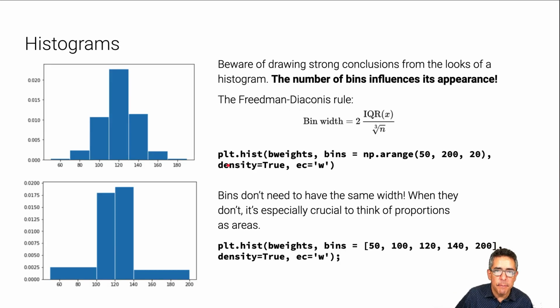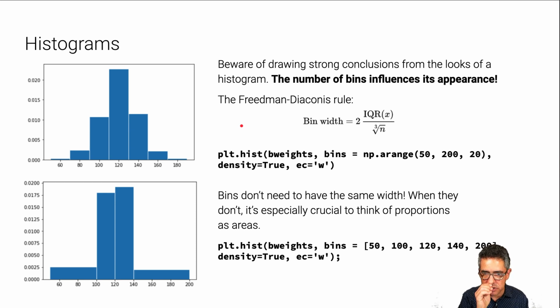Now, be careful about drawing too strong of a conclusion from the look of a histogram, because as we saw before, you have a choice over the bin size, and the number of bins influences the appearance of the histogram, and there may be features that you think are important in the data that disappear if you choose a different bin size. Now, there is a statistical criterion called the Freedman-Diaconis rule.